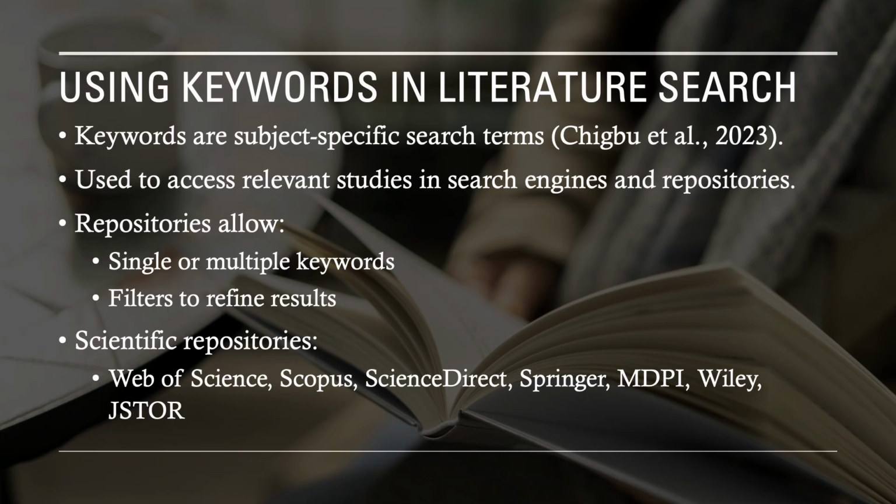Scientific repositories provide structured search options, enabling the use of multiple keywords as well as filters for narrowing the results. Platforms such as Web of Science, Scopus, ScienceDirect, Springer, MDPI, Wiley, and JSTOR are widely used because they offer high-quality, peer-reviewed sources and advanced search functions that help researchers locate the most relevant materials efficiently.